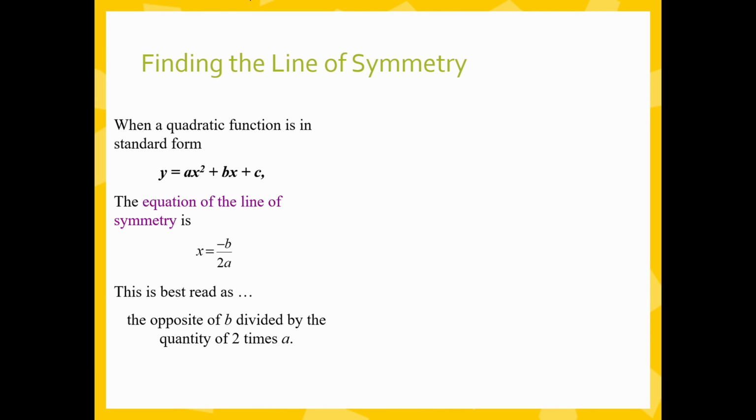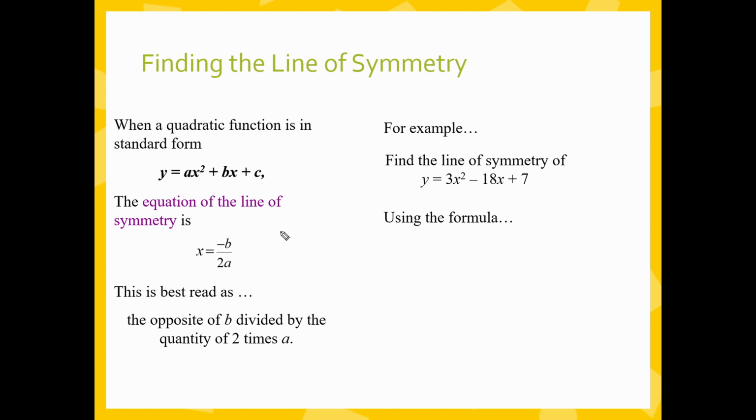The equation of the line of symmetry is given by this formula here, where x is equal to negative b divided by 2a, right? That's very important because with this formula we can get the vertex, the turning point, because it's actually the same thing.